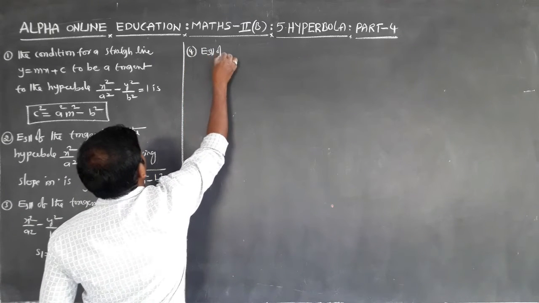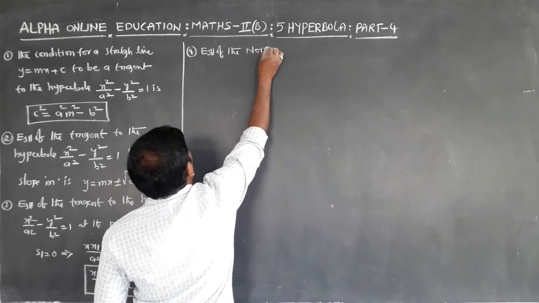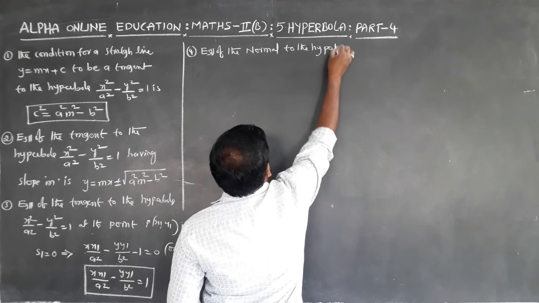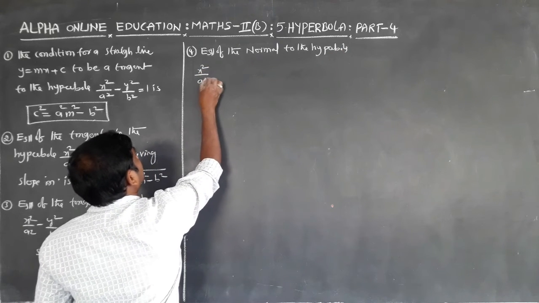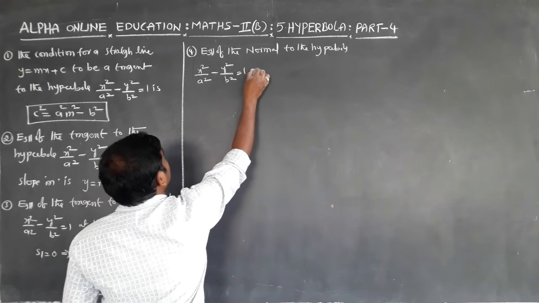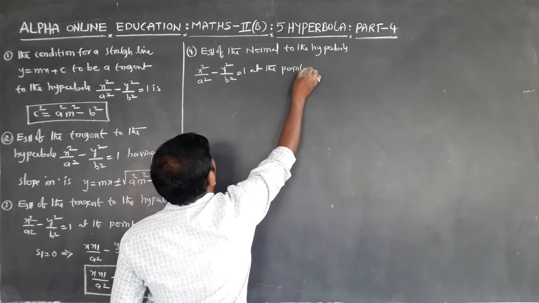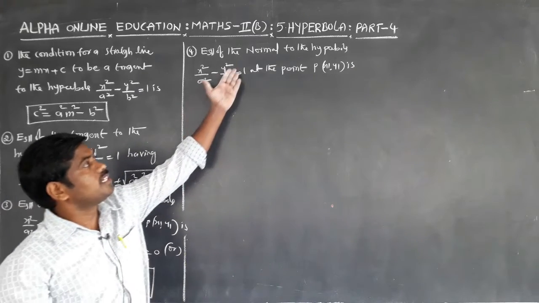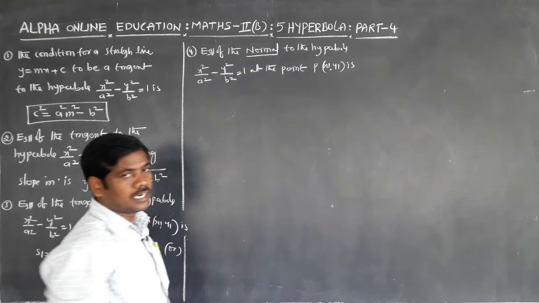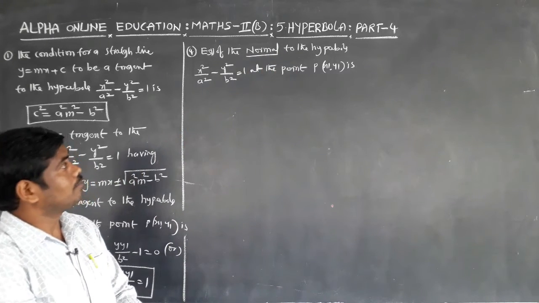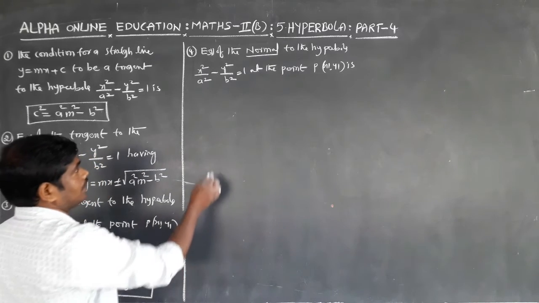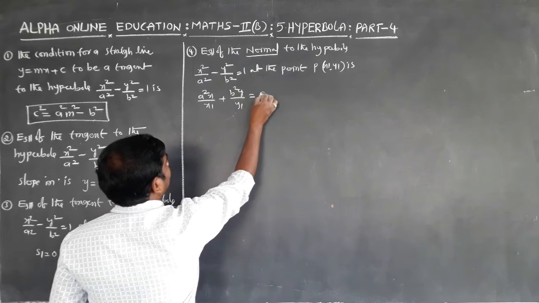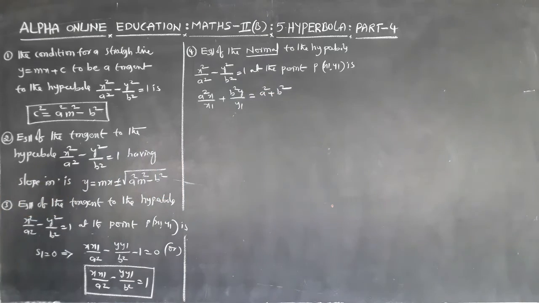Next one is equation of the normal. Equation of the normal to the hyperbola x square by a square minus y square by b square equal to 1 at the point P of x1 comma y1 is a square x by x1 plus b square y by y1 is equal to a square plus b square.